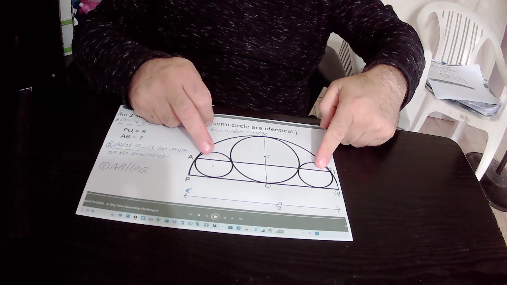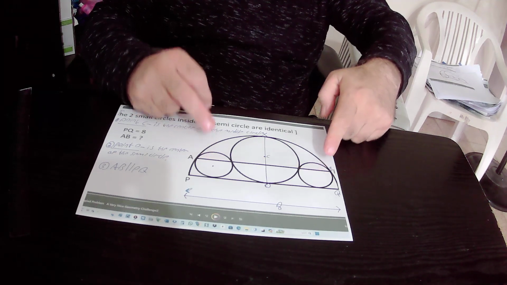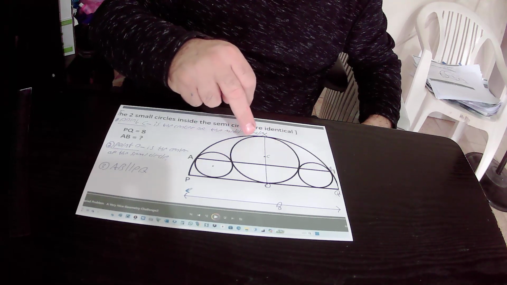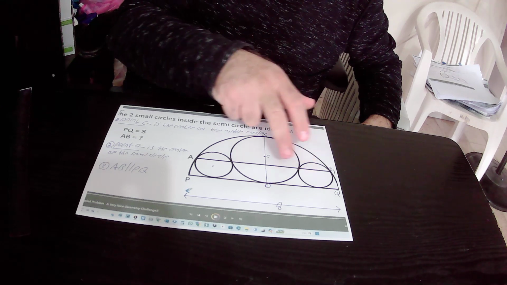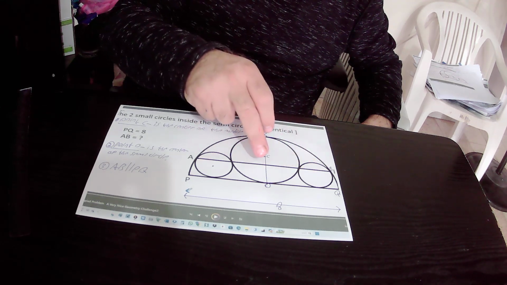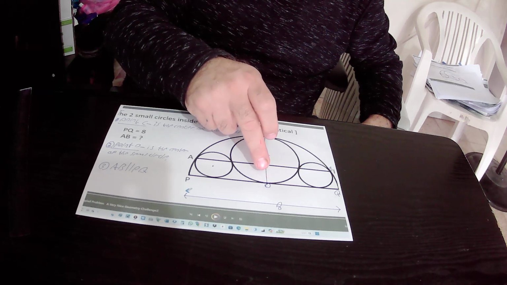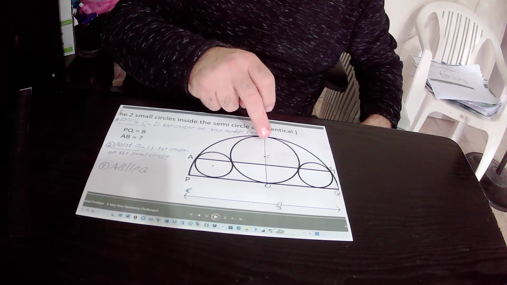Those two small circles are identical, and the middle circle is tangent to this semicircle at point O, and point O is also the center of this semicircle.